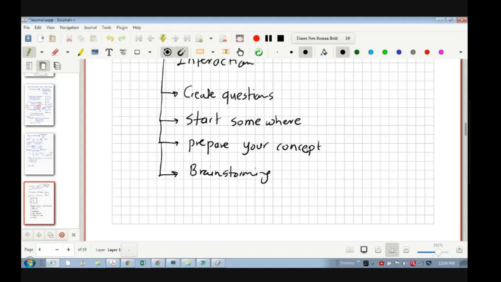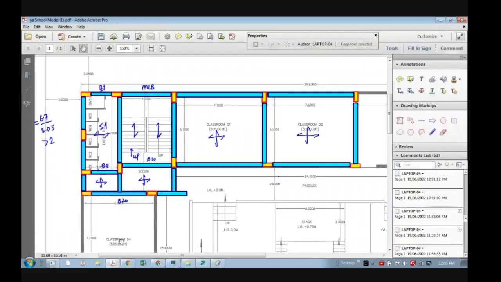So brainstorming is required, and once you do the brainstorming, then change it for a better proposal. Like we have been doing just now. First the column was here, then we shifted that column to that side for better load transfer. Then there was a problem with the offset in the staircase, so we shifted this column into this toilet area.